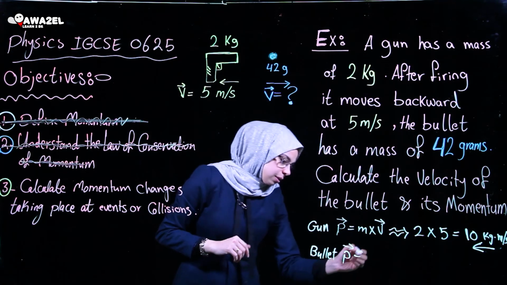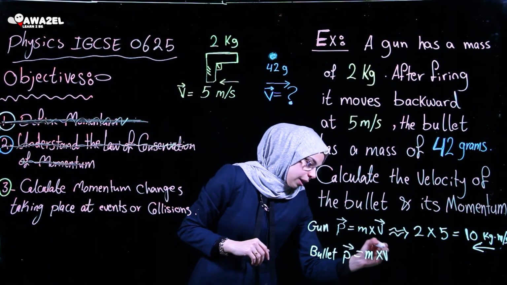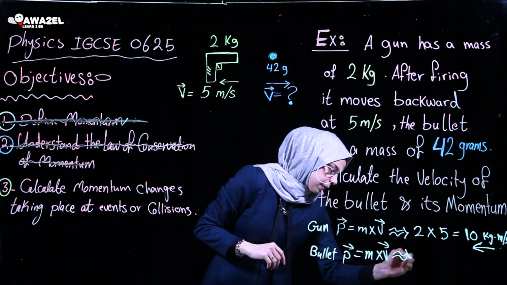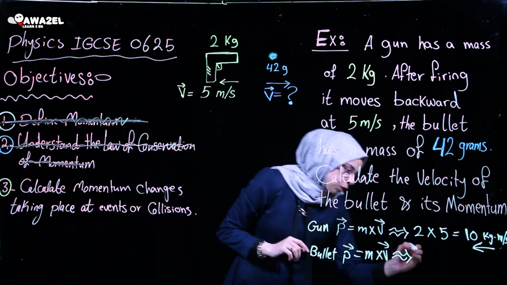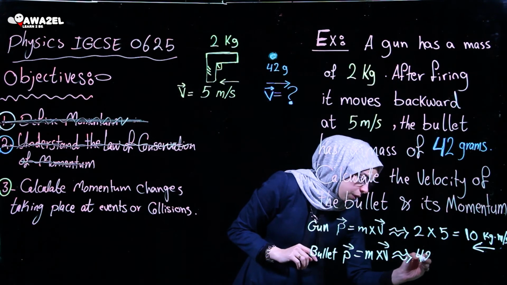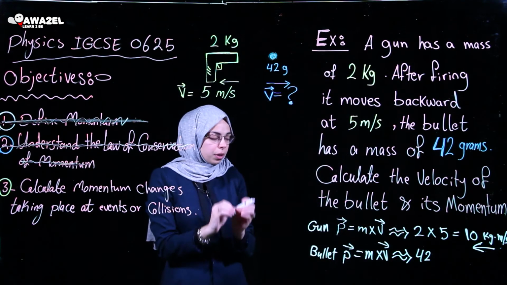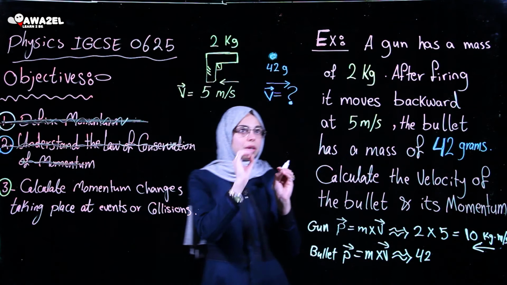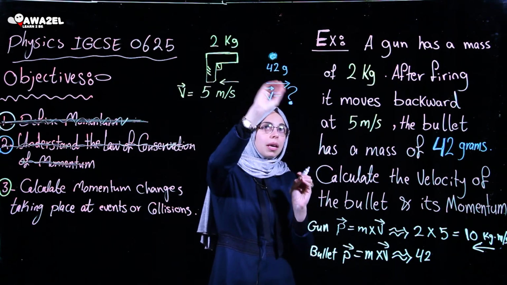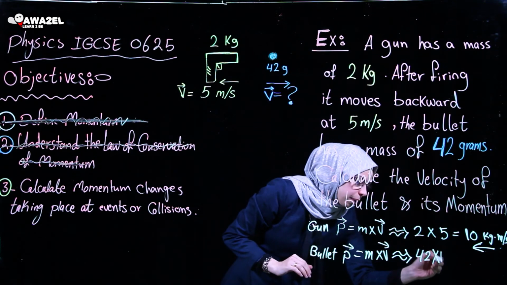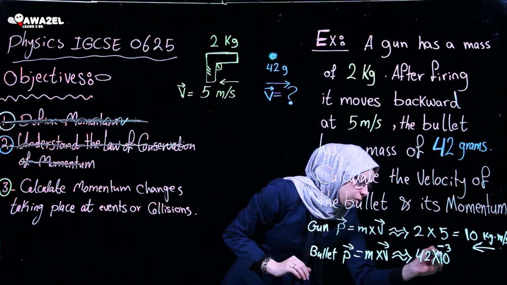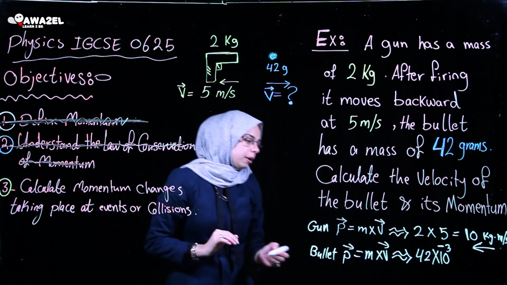P of the bullet is the mass of the bullet times the velocity of the bullet. Now the mass of the bullet is 42 grams. And here is a very important tip for you. You have to use kilograms, not grams. So I have to represent grams as kilograms by using scientific notation 10 to the power minus 3.